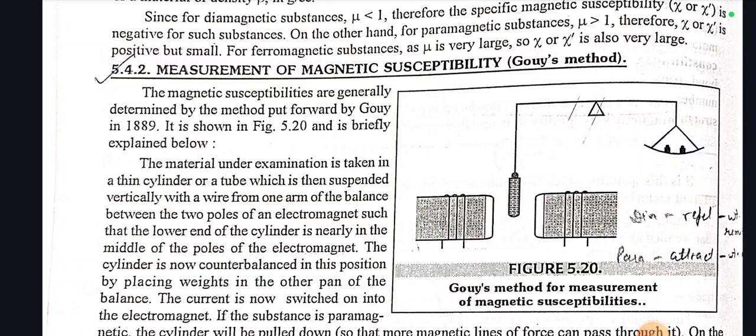Measurement of magnetic susceptibility. Gouy's method. The magnetic susceptibilities are generally determined by the method put forward by Gouy in 1889.